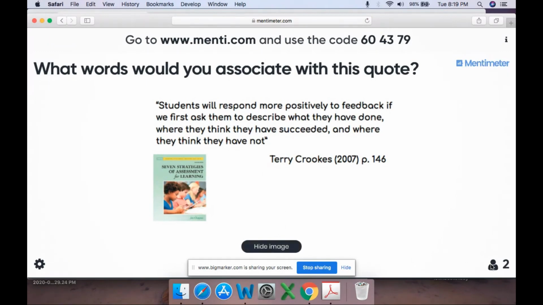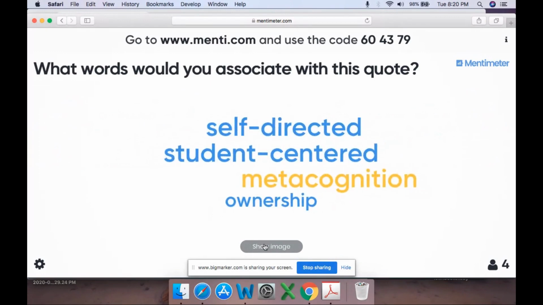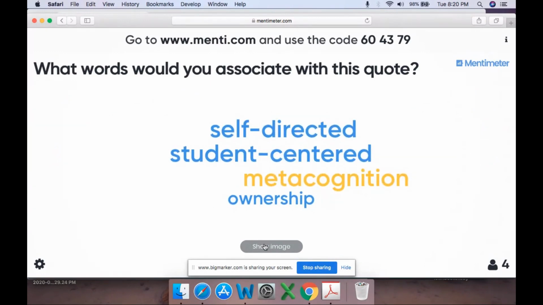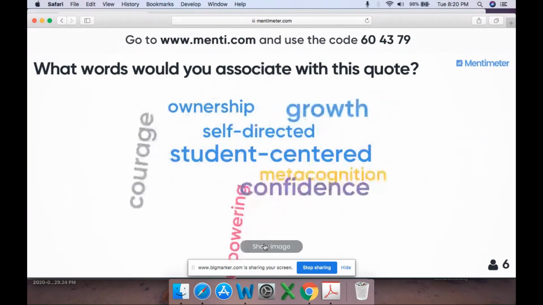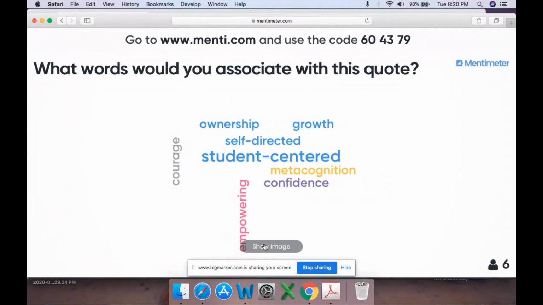Okay, all right, I'm starting to see people coming in on there. Self-directed, student-centered, metacognition, ownership. Oh, these are great. Courage, empowering.